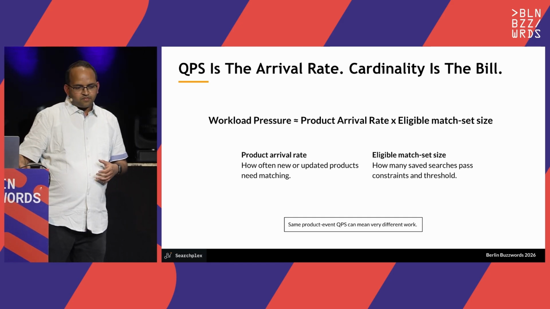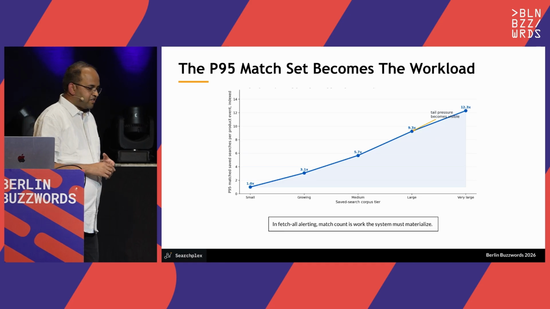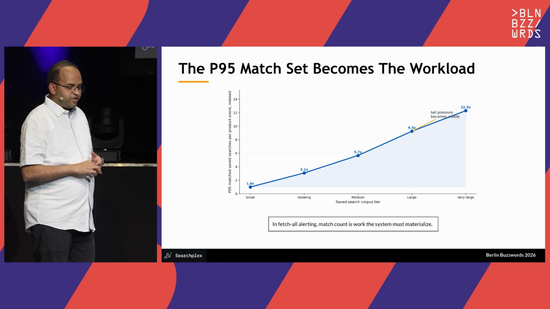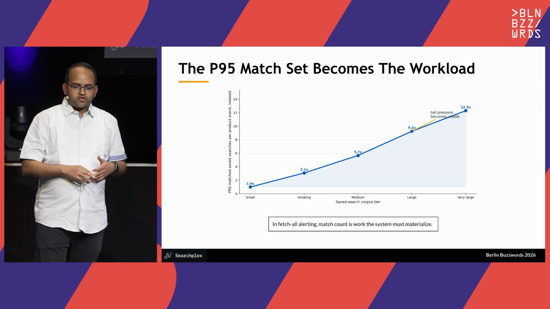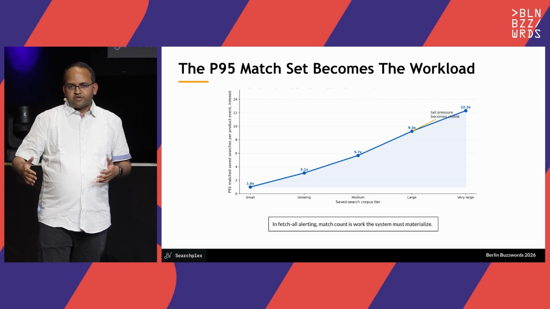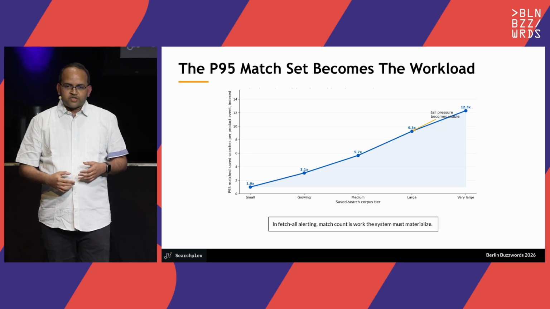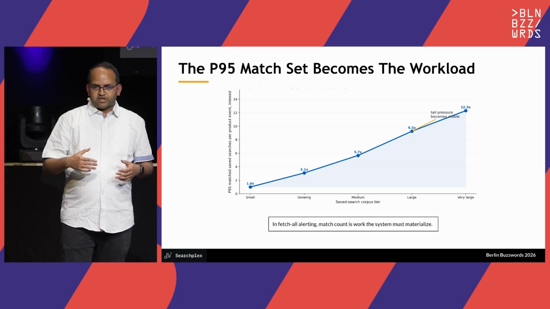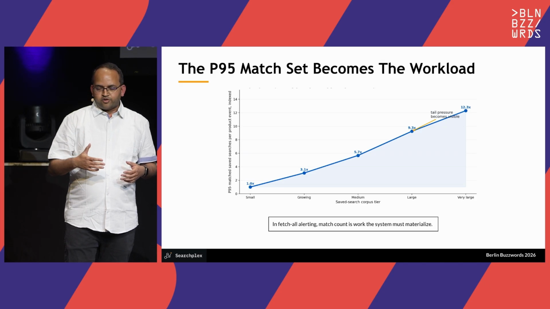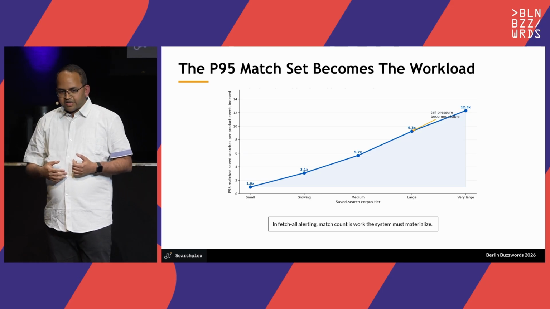And this workload pressure is going to matter in terms of performance, because the more saved searches you have, so that's the x-axis here, the more results or cardinality you're going to have for any incoming product.